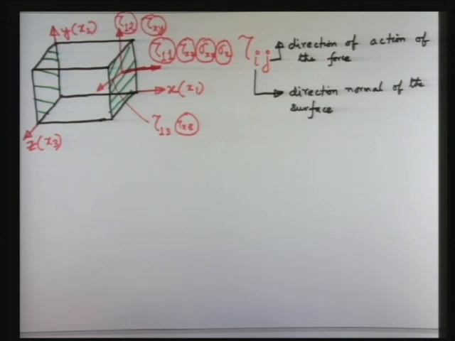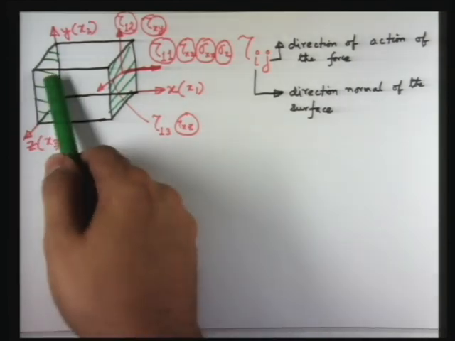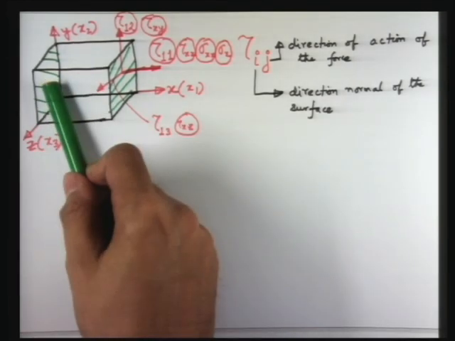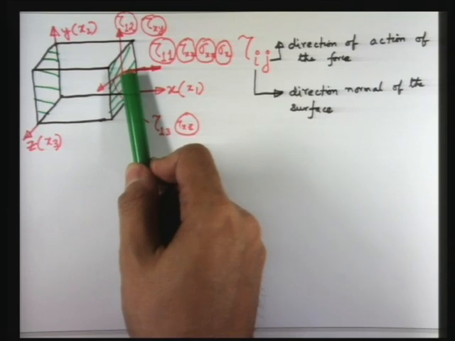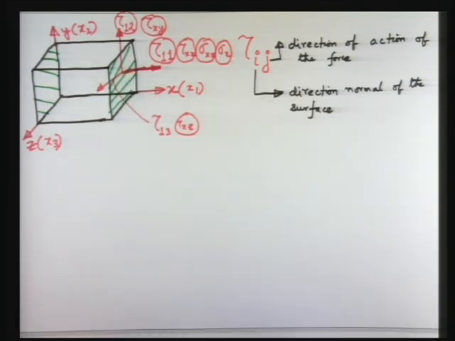What is that sign convention? See here also you can see the similarity between this surface and this surface. The similarity is that both have normal in the x direction loosely, but actually their normals are oppositely oriented.